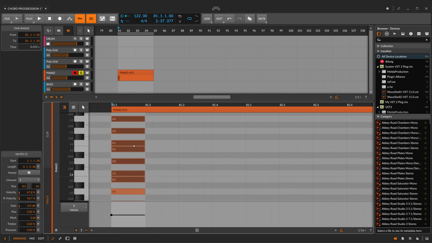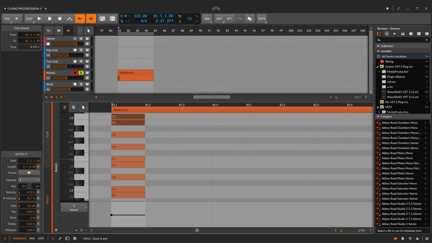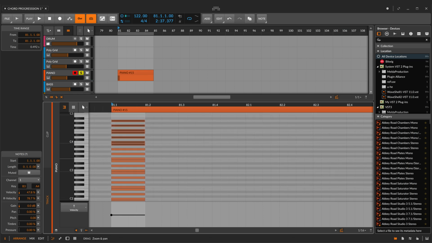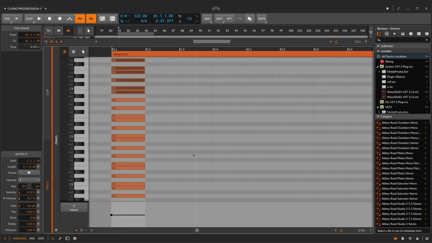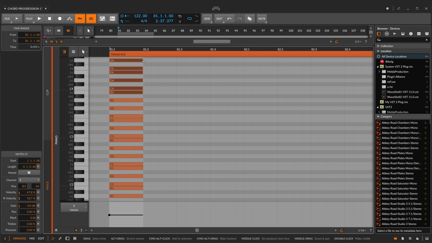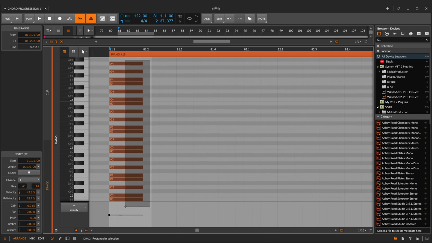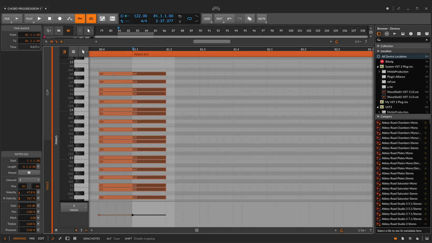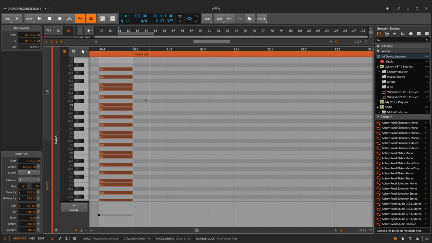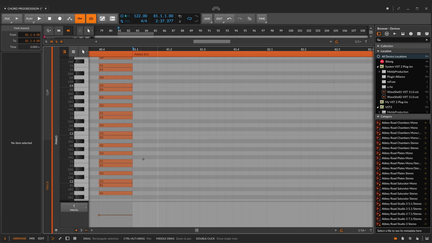So now take a look at this. If you put these notes on the left, you can see all the time the notes of your scale, and I think you will write your chord progression much easier.